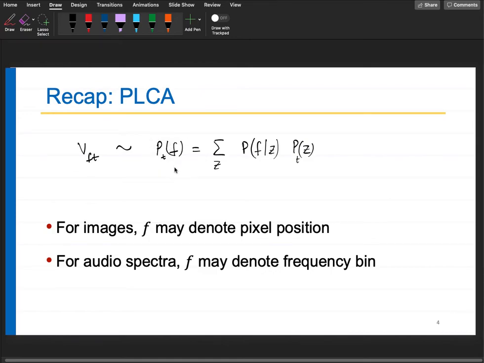So P(T,F) is the original data histogram, which is a distribution, a PDF, which is being decomposed in terms of the latent variable Z. This latent variable Z corresponds to different underlying representations, which are non-negative, so interpretable.